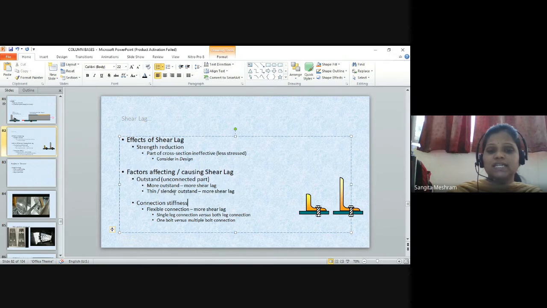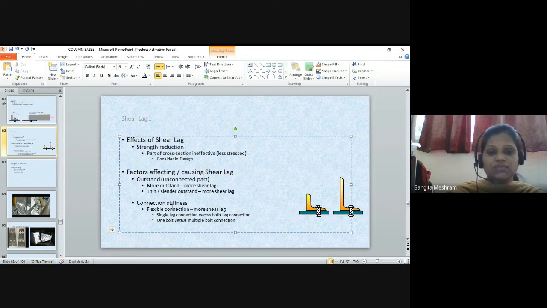Thin and slender outstands also have more shear lag. If the thickness is the same and the member is thin and slender, with more length, then it will also have more shear lag.